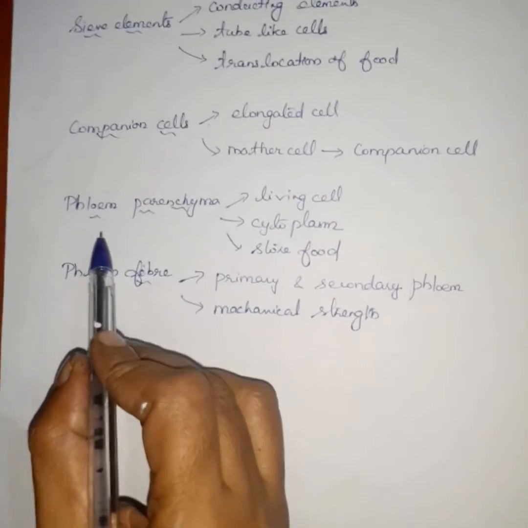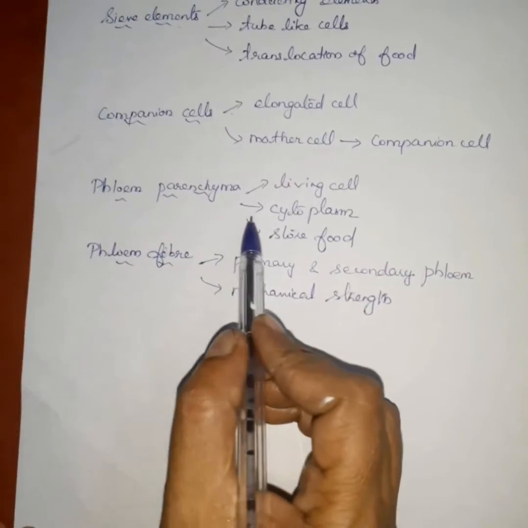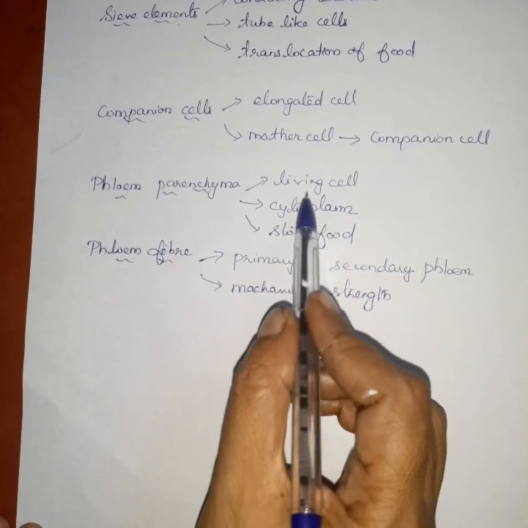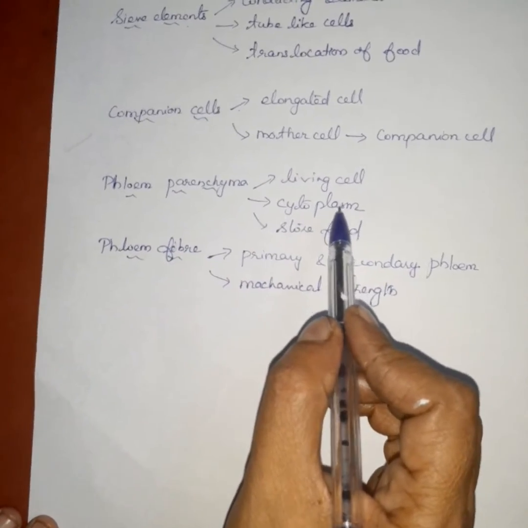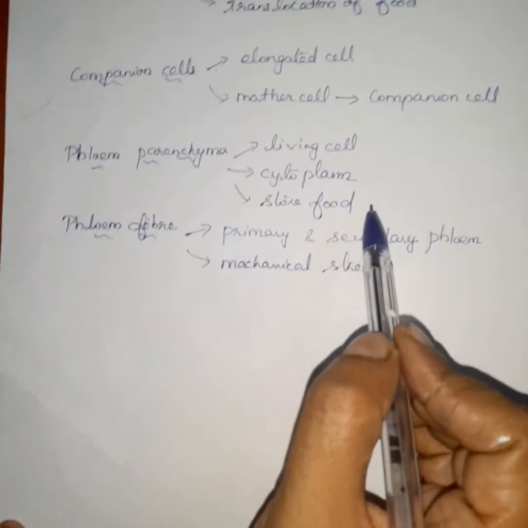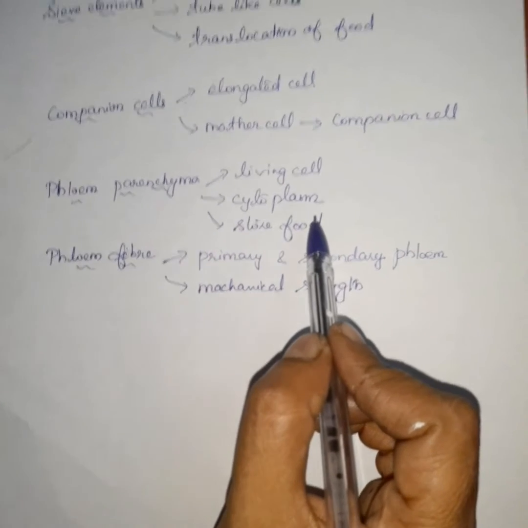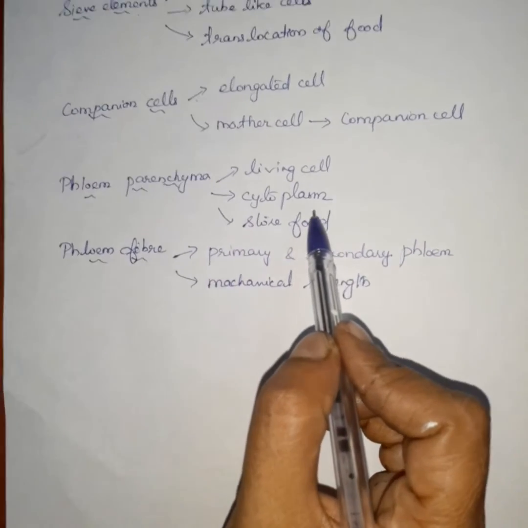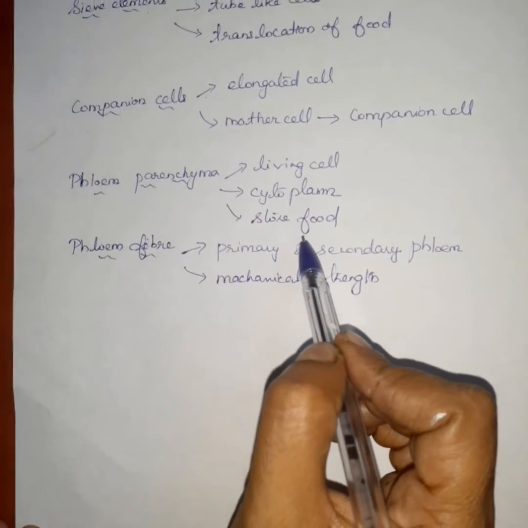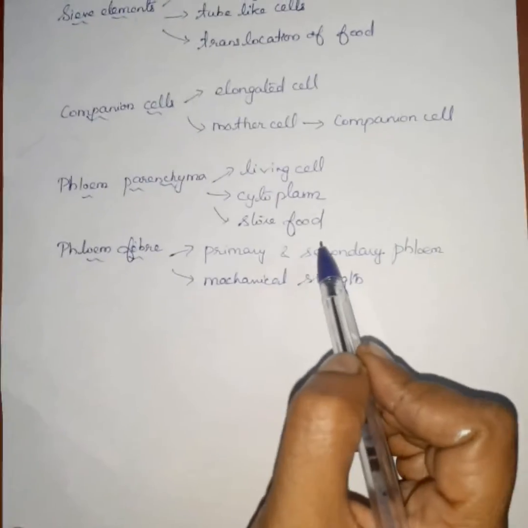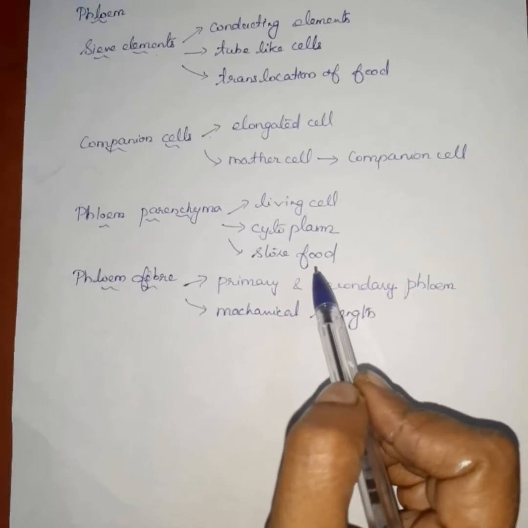Next one, phloem parenchyma. The phloem parenchyma are living cells. They have cytoplasm and a nucleus. What is the function? It also stores the food material.